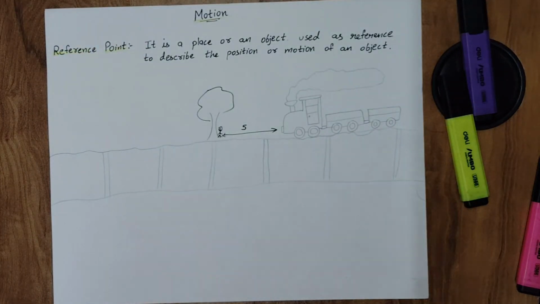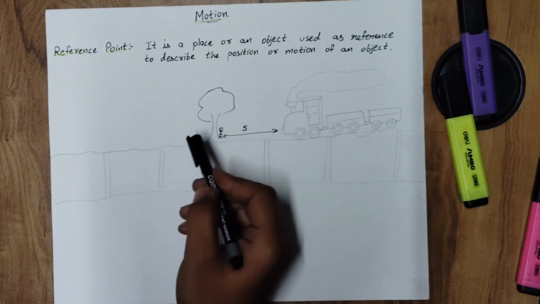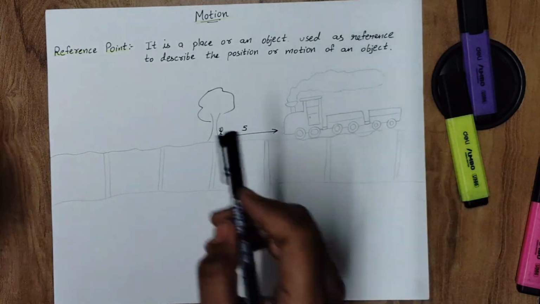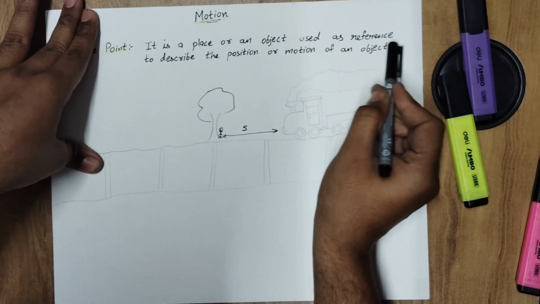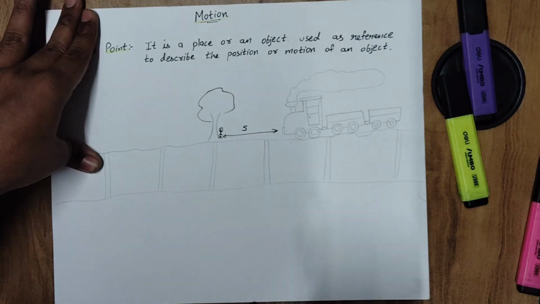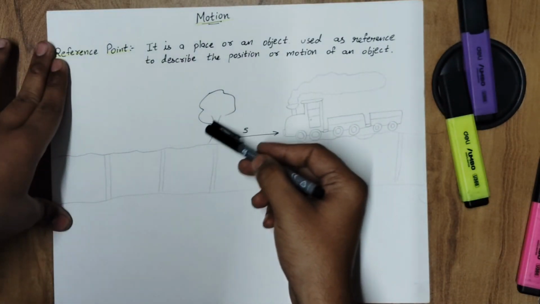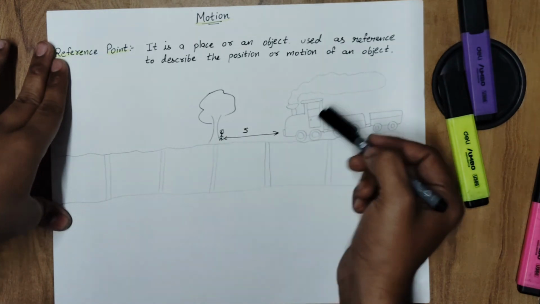Okay, this 5 kilometers is known as frame of reference of that point, and this distance is known as reference point. It is a place or an object used as a reference point to describe the position of a motion of an object. So अभी इस इंसान के लिए ये ट्रेन मूव कर रही है.